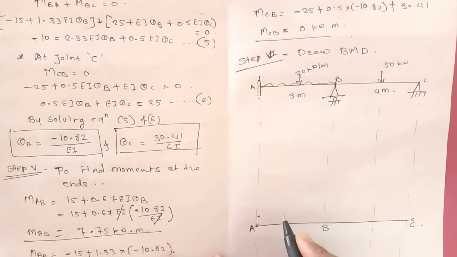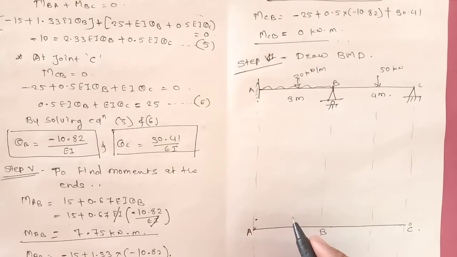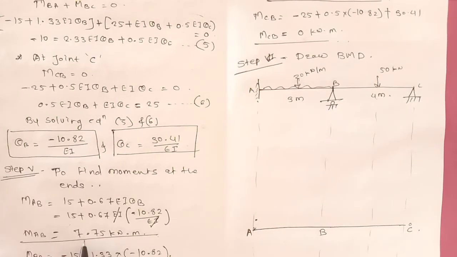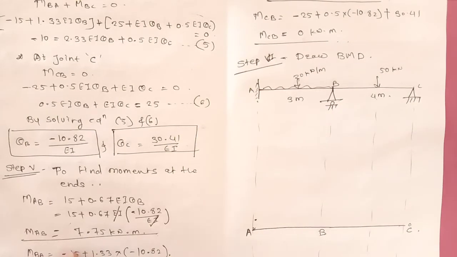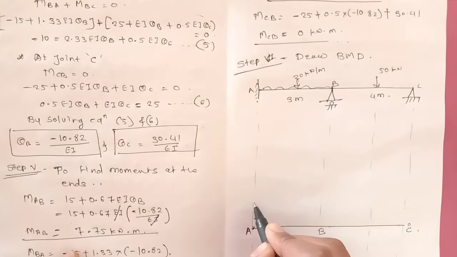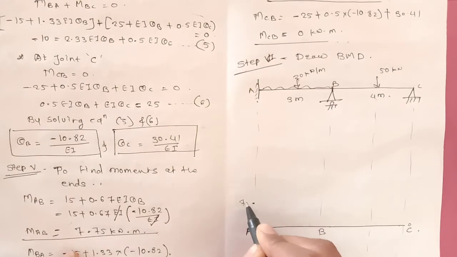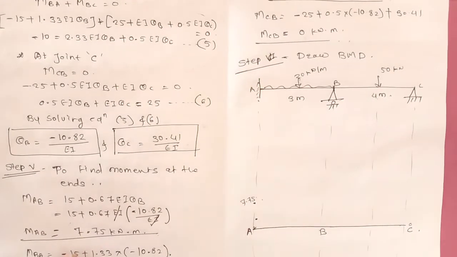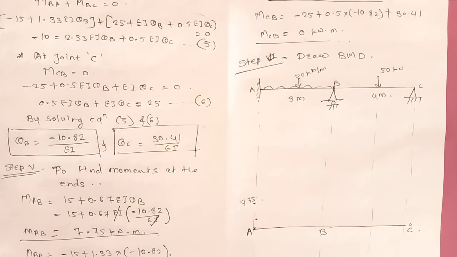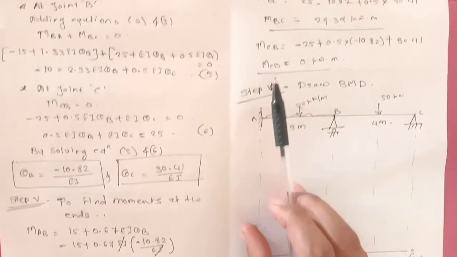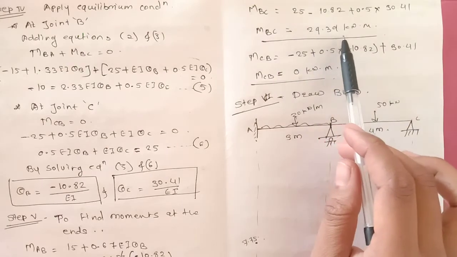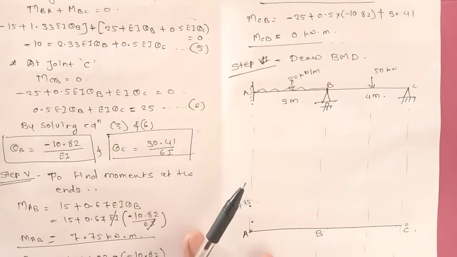Okay, so first, the end moment for member AB is 7.75, so take here 7.75. Then next, for B joint, the BA member's value is minus 29.39 and BC is 29.39. The same value is there, only the sign is changed.